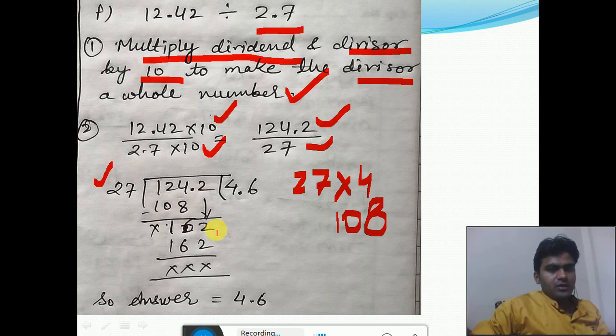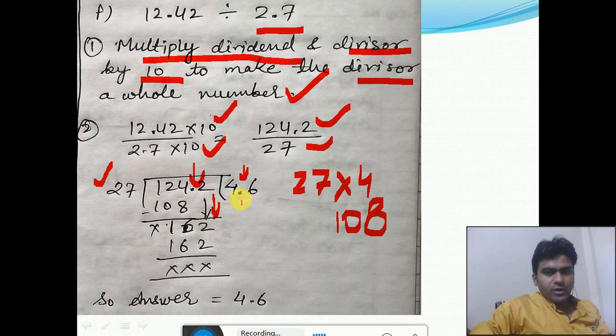So 108 is near to 124, so we will write 108, then subtract, we will get 16. Now put down the next number. Since we have a decimal point in the dividend, in the quotient also we will put the decimal point.